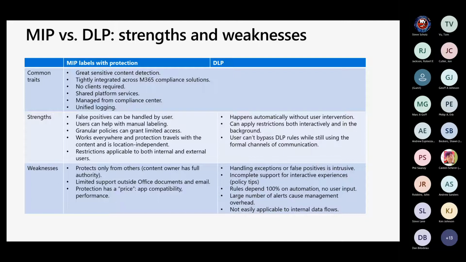You can apply these restrictions both interactively or within the background itself. So like I said, the whole entire process is done within the service without the user. Or you can have users provide a user justification or have a little bit more interaction there if you want to. So you kind of have both processes there. And then the last thing that I will say is that if there are certain rules there, because there's so much automation on this side, the user cannot bypass it.